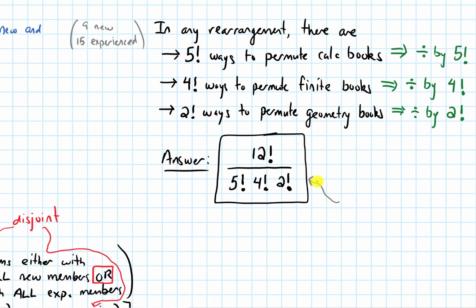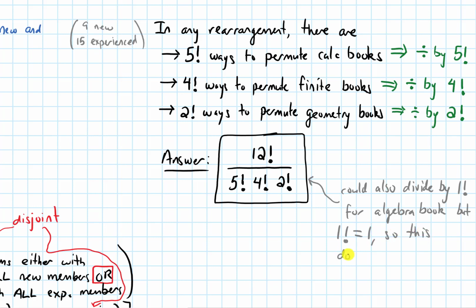We technically, if we really wanted to put a factorial because of the algebra book, we could also divide by 1 factorial for the algebra book. But 1 factorial is just equal to 1, so this doesn't affect our answer. So we don't really need to write that there.